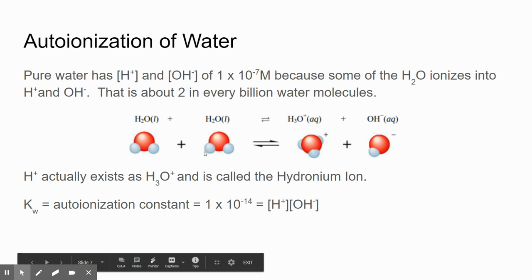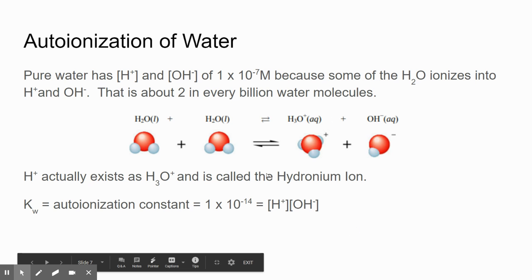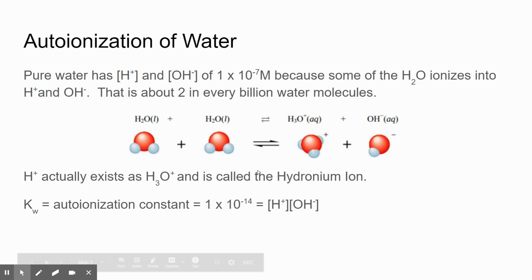It's just because the bonds between the hydrogen and oxygen are pretty strong, but there are also hydrogen bonds between this hydrogen and this oxygen, and sometimes those hydrogen bonds cause this one to actually break off. It just breaks off. It happens. It just does. It is what it is.